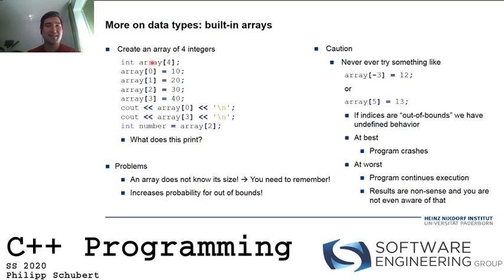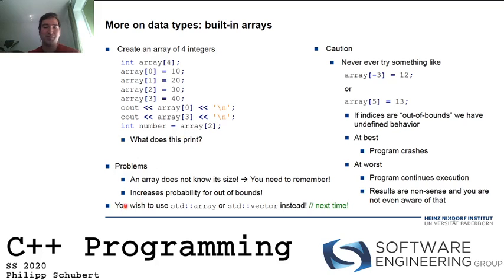But you cannot ask this array variable, hey, what's your size? In other programming languages, like Java, for instance, if you declare an array, you can at any point in the program ask that array, hey, array, what's your size? And then you can make sure that you do not go beyond valid indices. But in C++, you don't have that. You have to remember that on your own. And this, of course, increases the probability of out of bounds errors.